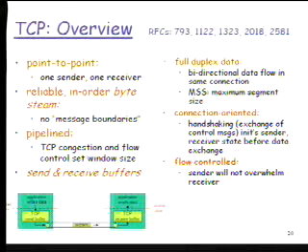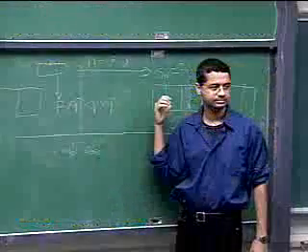TCP is a full duplex connection. So once you establish a TCP connection, there is bidirectional data flow on the same connection. In the examples that we were looking at, we always had a well-defined sender and a well-defined receiver.